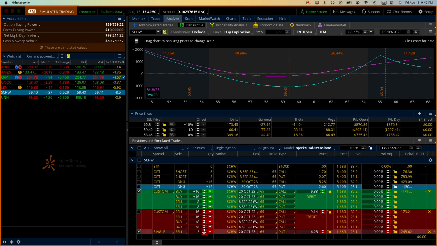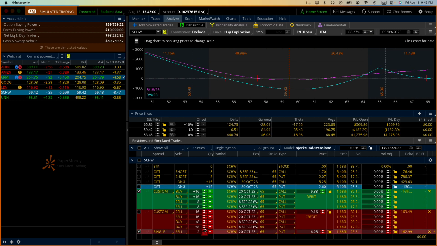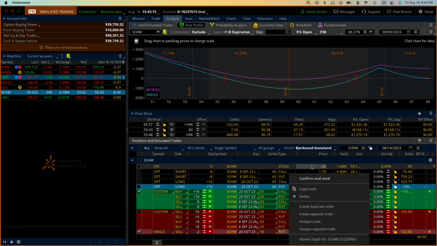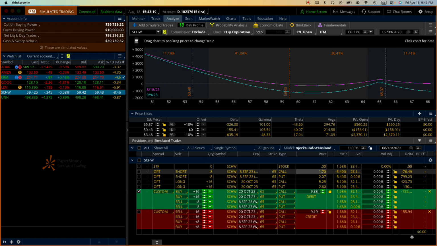If I sell 3, that's delta positive, and it's too strong, I think. Okay, if I did 2, yeah, a slightly negative delta is okay. I think I want to take 2 of the October puts. Okay, so confirm and send, and let's get a little bit out of the trade.